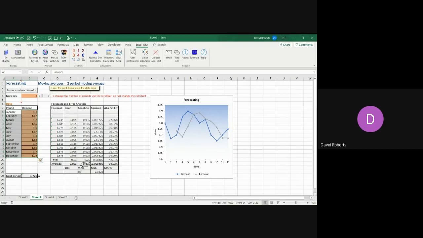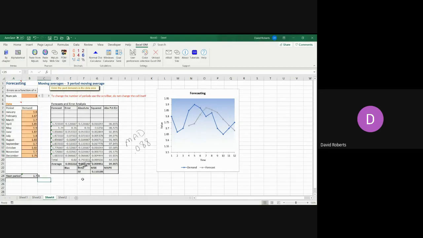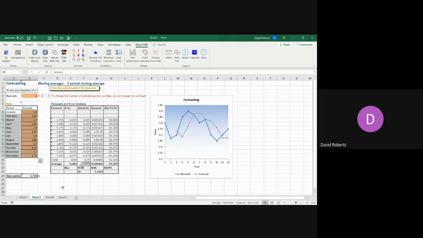Would you rather be out by, in this case, the 0.075 is 7.5 cents. And you like it to be 0. Or you'd rather be out by 8.8 cents. So it's actually worse. So the 3-month moving average is worse than the 2-month moving average.